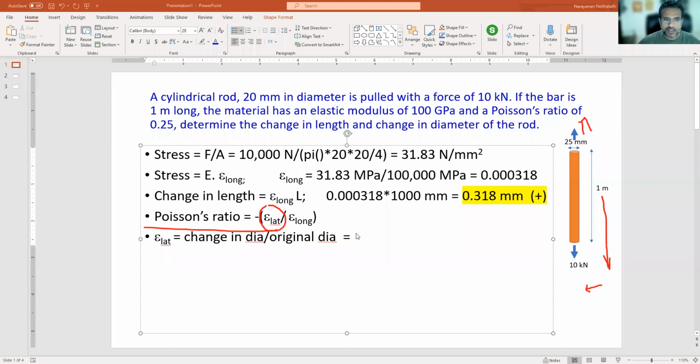Poisson's ratio is given as 0.25 times my longitudinal strain, 0.000318. If I do that, I will get 7.95 times 10 to the minus 5. Again, it's a strain, so remember that there is no unit.